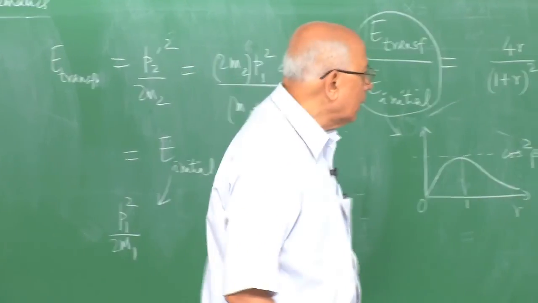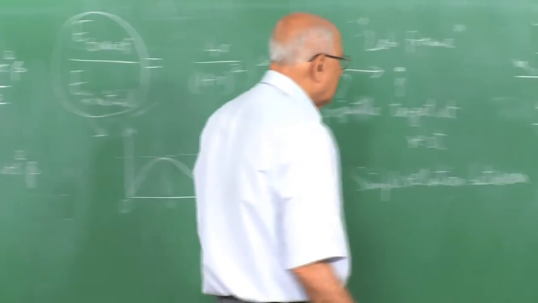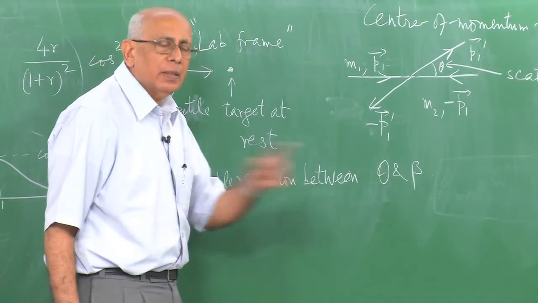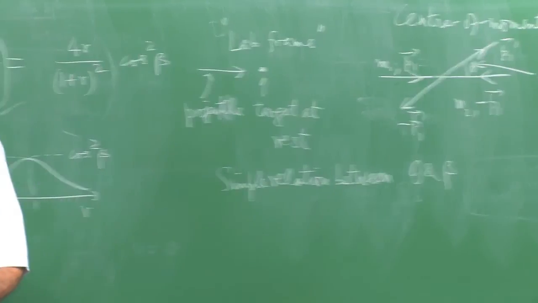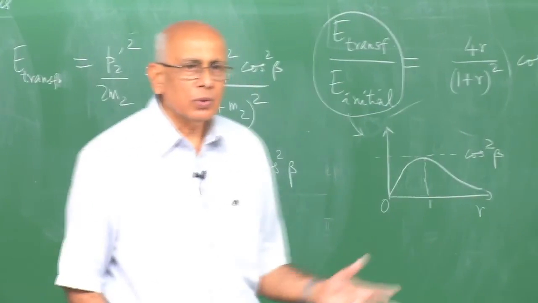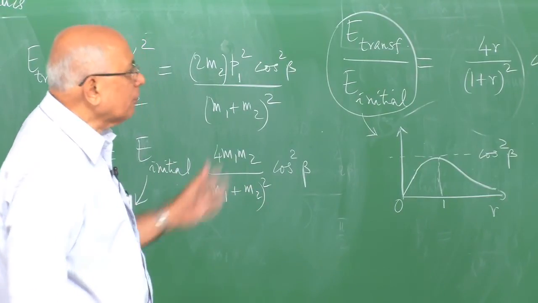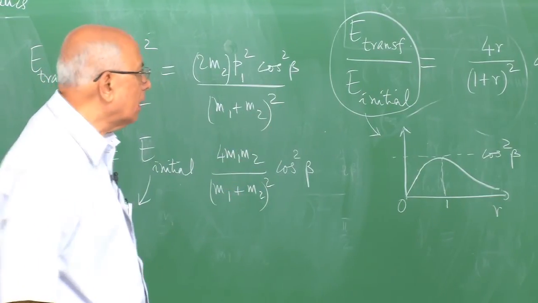I'm going to skip that, but because of this simple relation between these two angles, one very often uses beta in the laboratory frame in preference to alpha. Although they're completely equivalent, you could use either angle. It's easier to write things in terms of beta because of this simple relation between theta and beta.